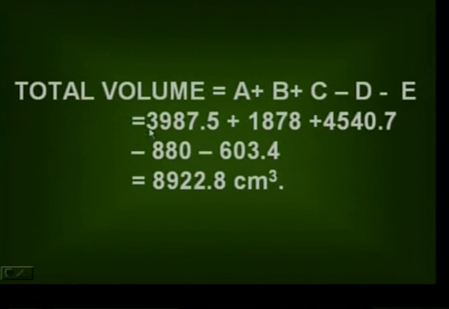So, the values of volumes are 3987.5 plus 1878 plus 4540.7 minus 880 minus 603.4. By calculation, the value becomes 8922.8 centimeter cubed.